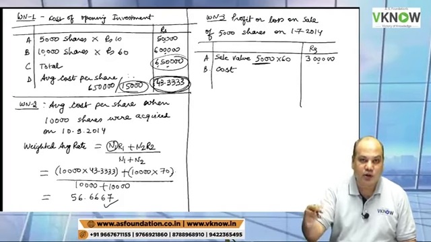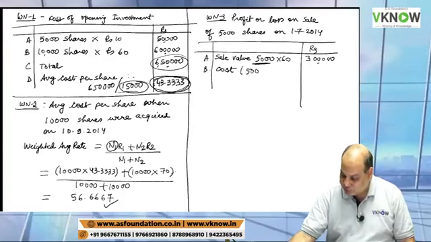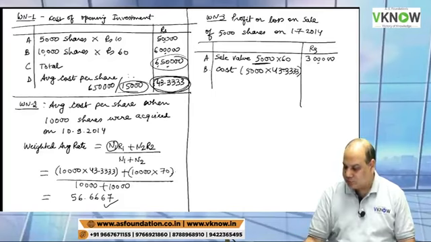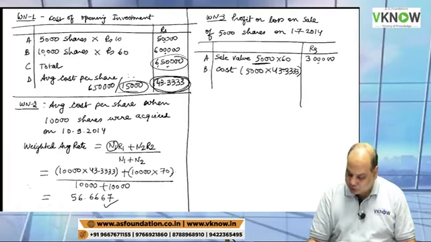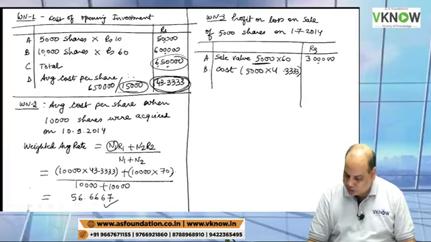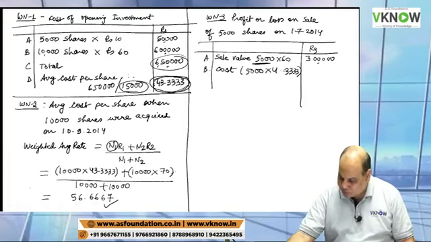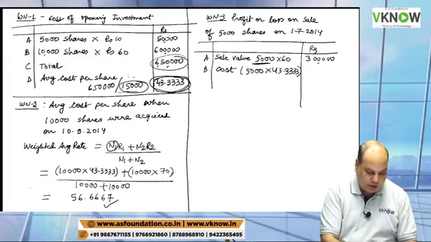Now out of this 15,000, 5,000 shares have been sold before the new lot was purchased. So the cost will be 5,000 into the average cost at the time of sale. Average cost at the time of sale is 43.3333. So please give me the answer for 5,000 into 43.3333.